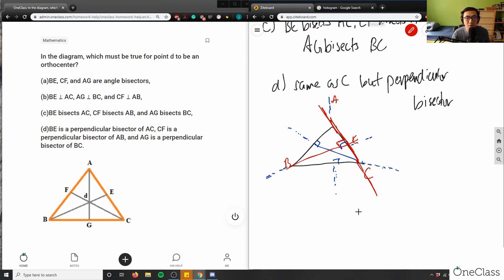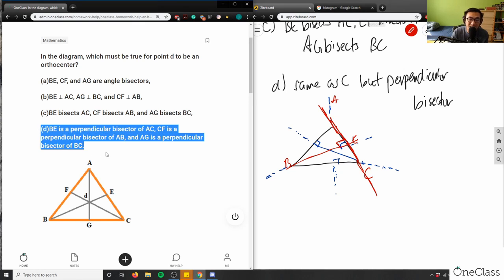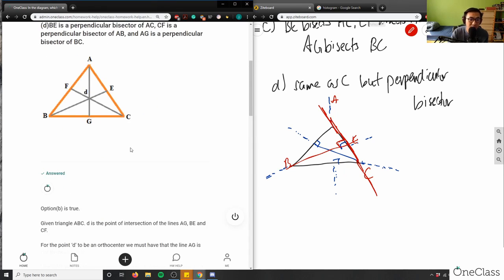But BE in itself is not a perpendicular bisector of AC, right? It's a perpendicular bisector of the triangle itself, of ABC, right? So in this case, BE is a perpendicular bisector of ABC, CF is a perpendicular of ABC, and AG is a perpendicular of BC. So this is actually tricky on the wording. In this case, D is actually an incorrect answer, and B here is our correct answer.